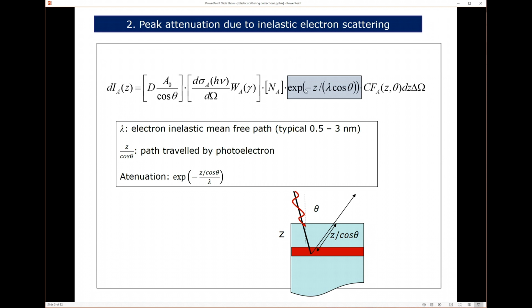That's of course all included in the quases analysis. And it comes about because due to inelastic scattering, the intensity of a peak drops exponentially with the path it's traveled in the sample. And the path is set divided by cosine theta here. And there's the inelastic mean-free path which enters here.